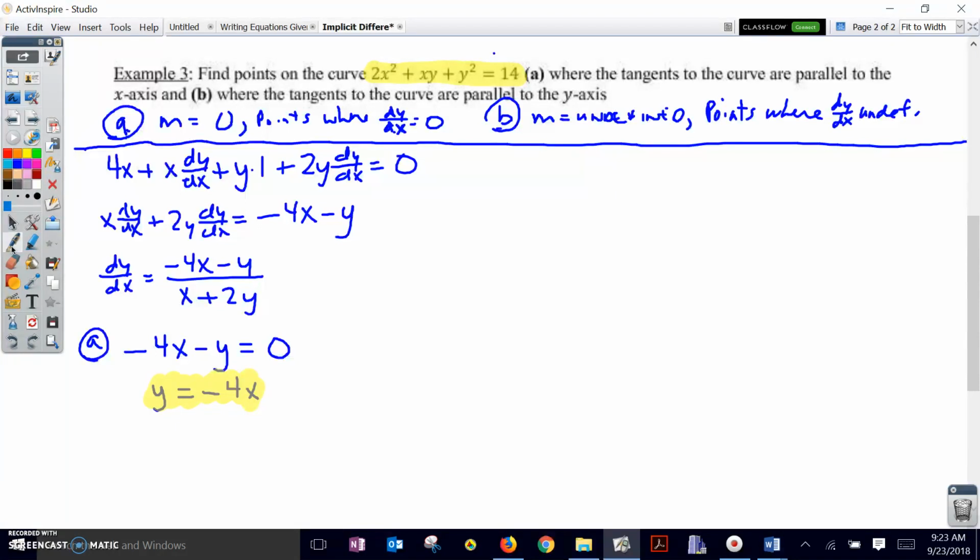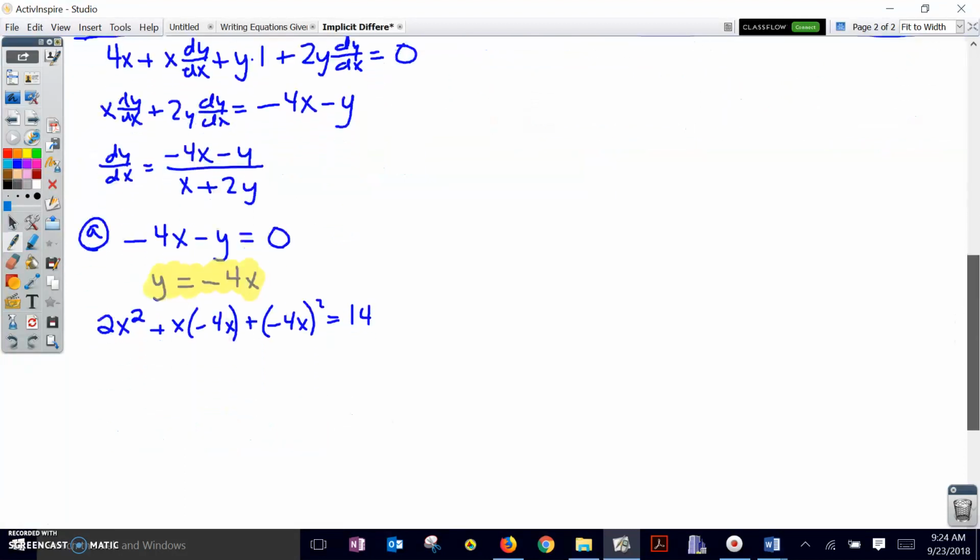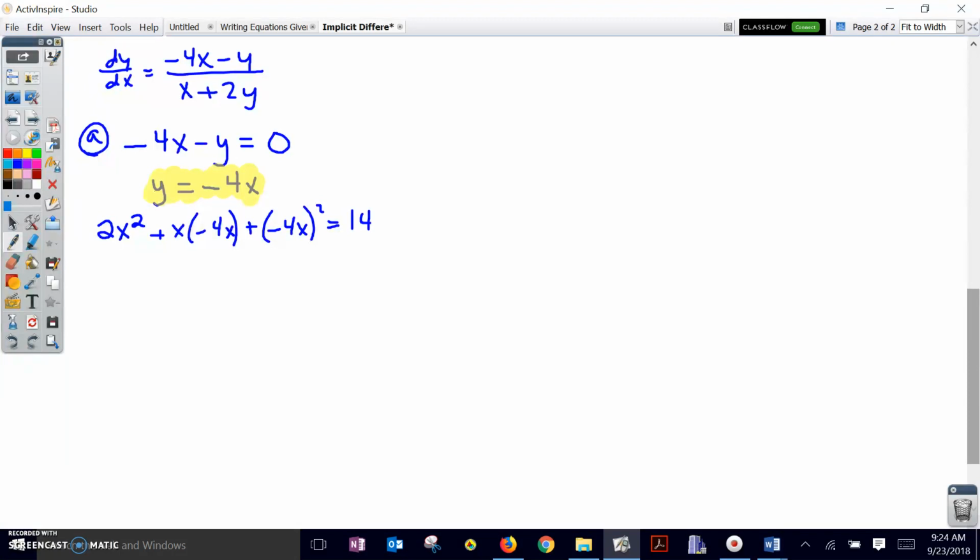And so, since I know that y is equal to negative 4x, I'm just going to take this equation and everywhere there is a y, I'm going to substitute in a negative 4x. That gives me 2x squared plus x times negative 4x plus the quantity negative 4x squared is equal to 14. Now I want to solve this equation for x.